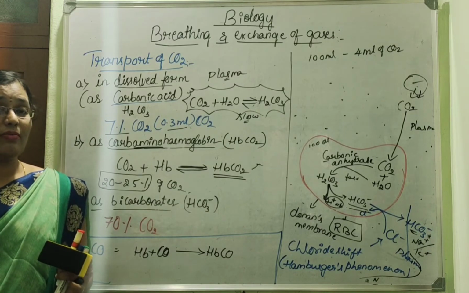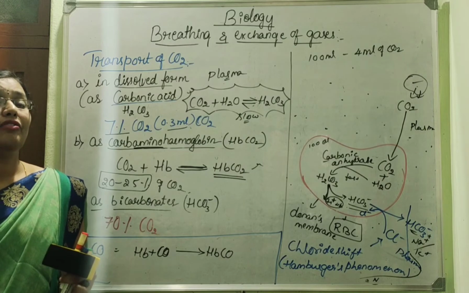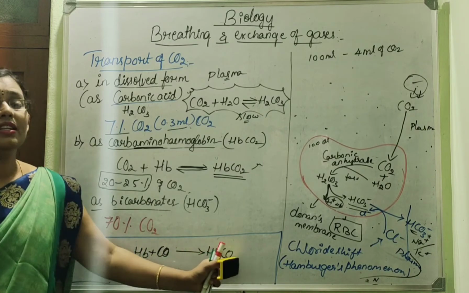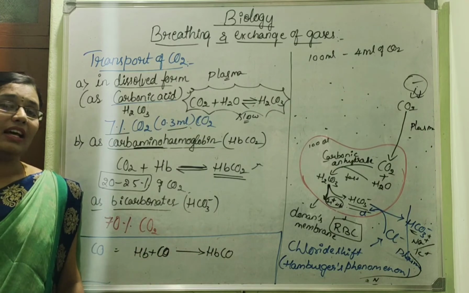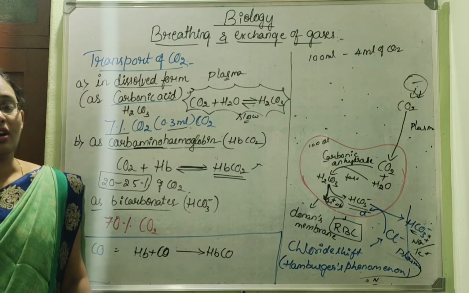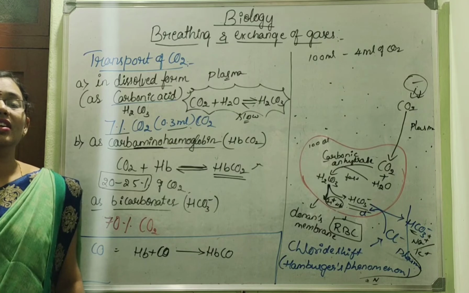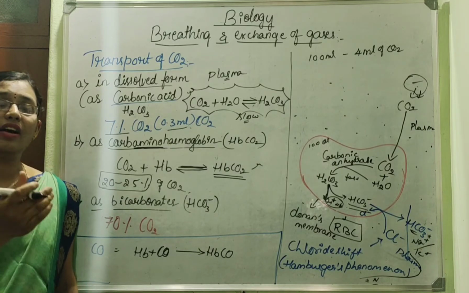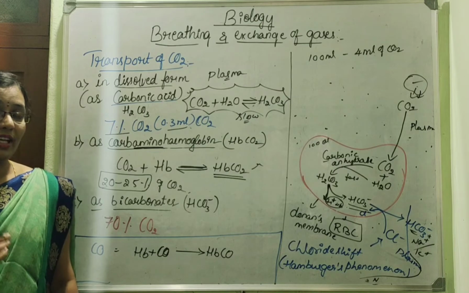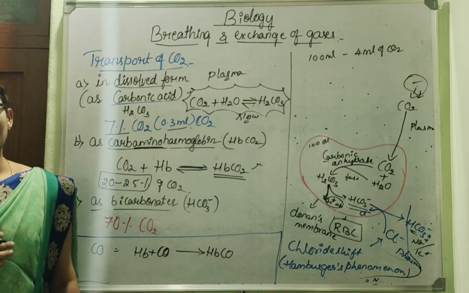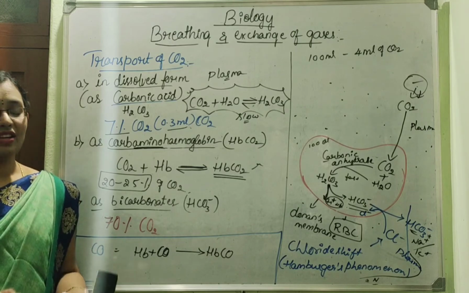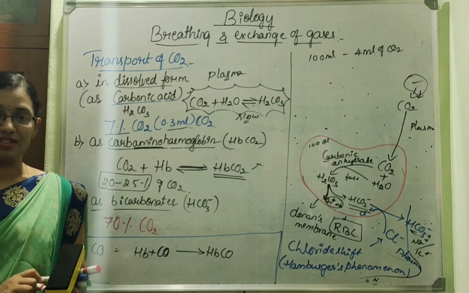Ultimately, if almost 90% of hemoglobin has formed the permanent complex, then there will be no availability for oxygen, and the oxygen content inside our body goes on decreasing, which ultimately leads to the death of the patient. And thus this carbon monoxide is a gaseous one and a dangerous one too.